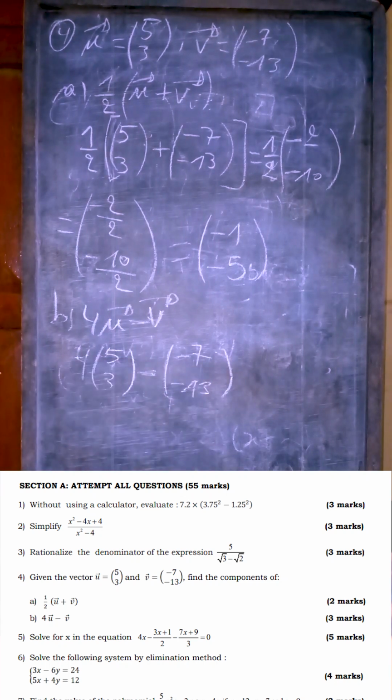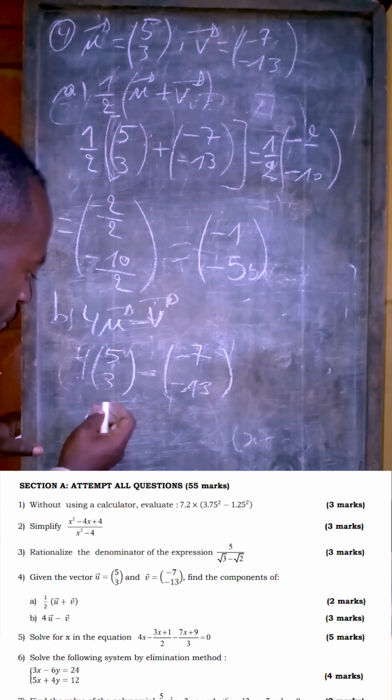What we are going to do is to take this 4 times each element. That means it will be 4 times 5, which is 20.